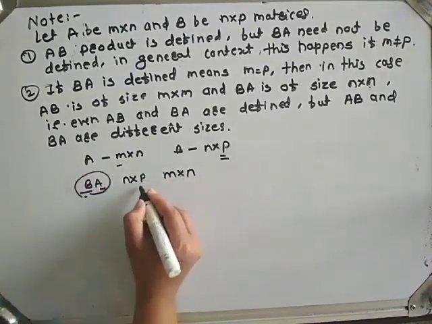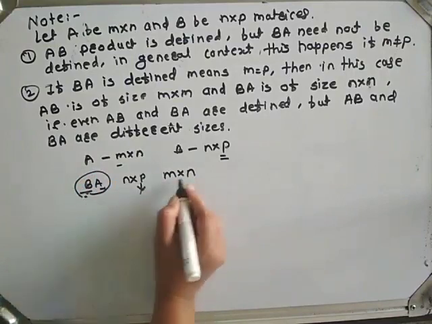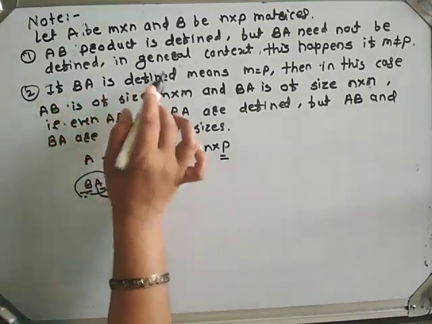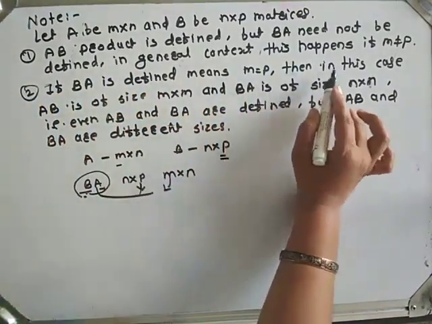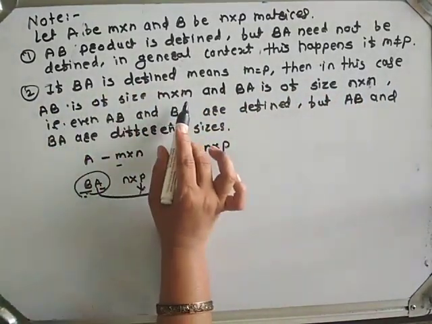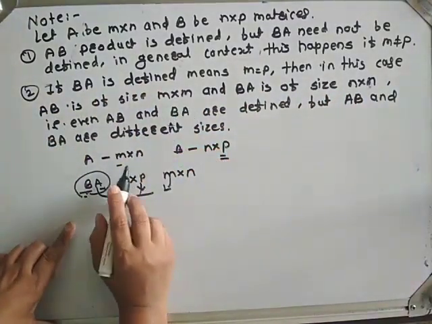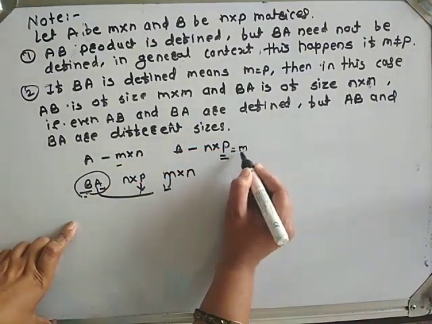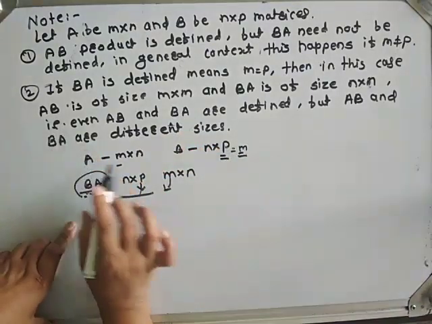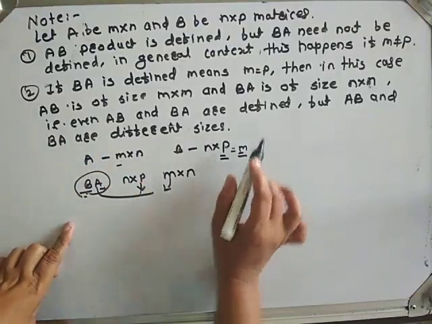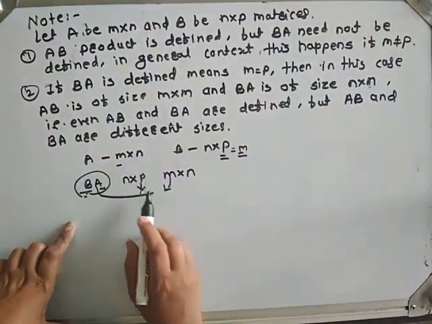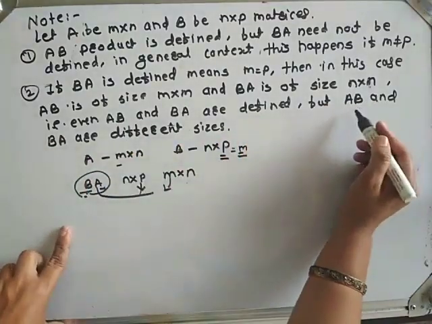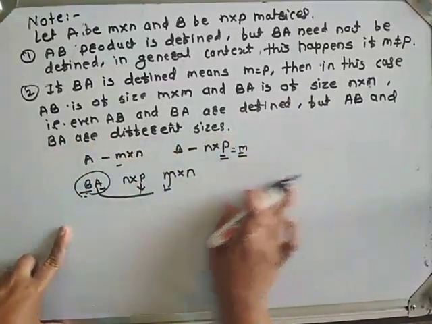This product is defined when the number of columns in B equals the number of rows in A. Therefore, BA is defined means m is equal to p. In this case, the size of AB is m by m and BA is of size n by n. That is, AB and BA are defined, but AB and BA are of different sizes.